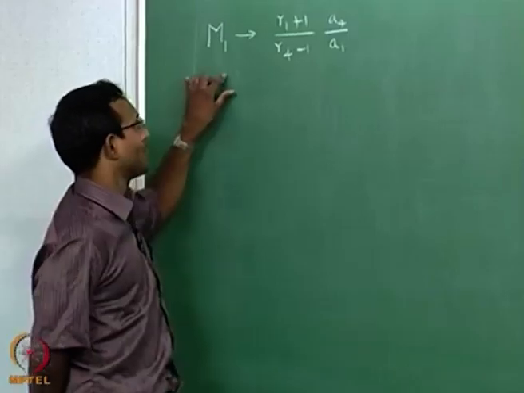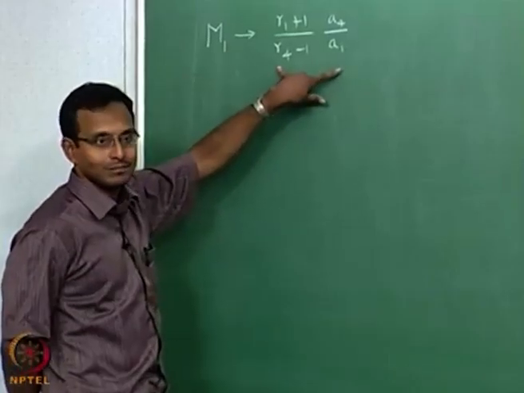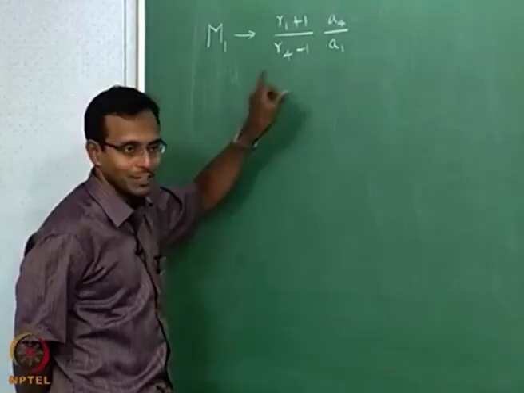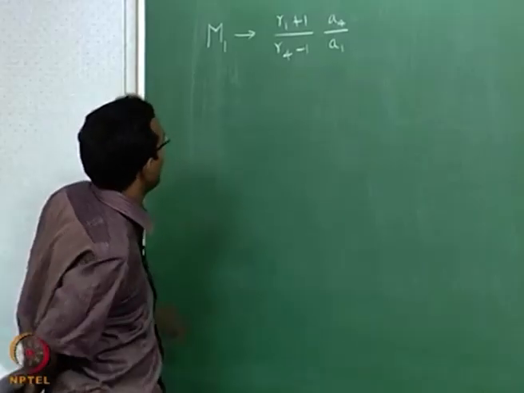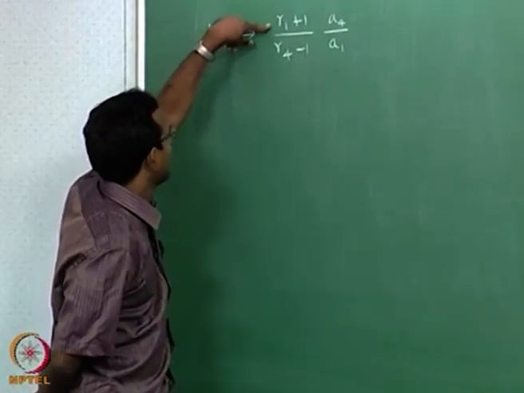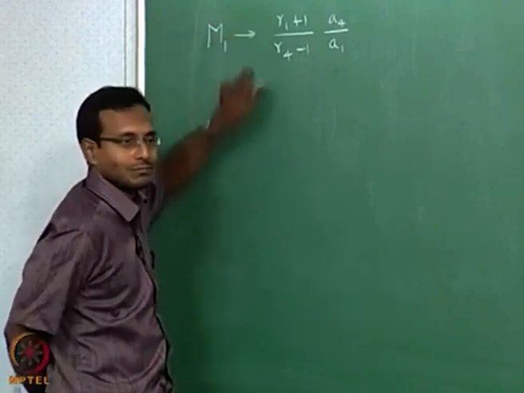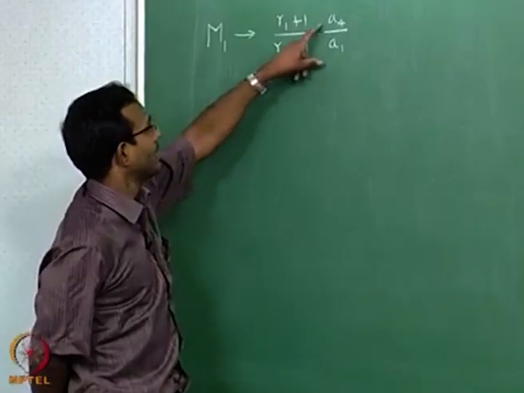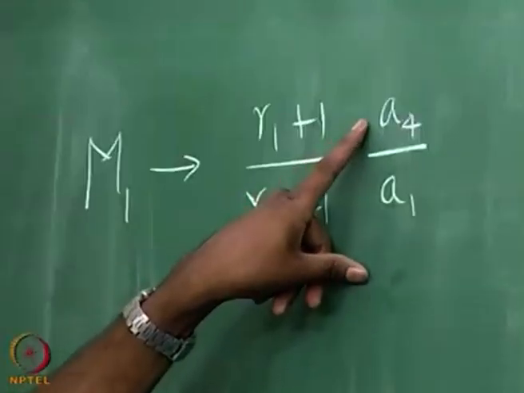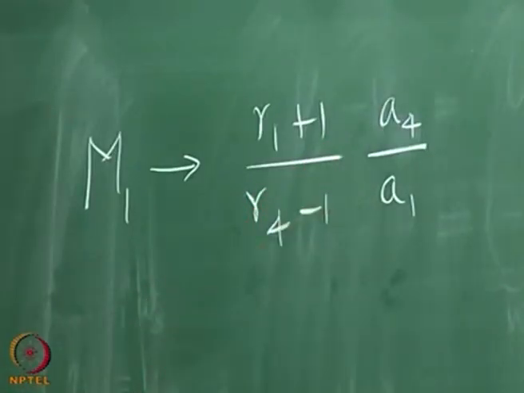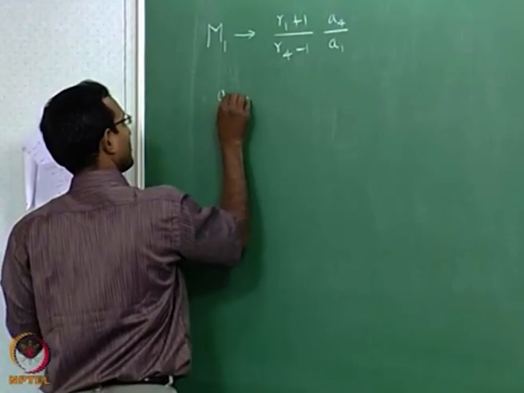It will be the maximum for whatever this value, but I want to maximize even this. If I think about it that way, then I am going to say I want to have gamma 1 high, gamma 4 small, right, or better yet I want to have A4 by A1 high.